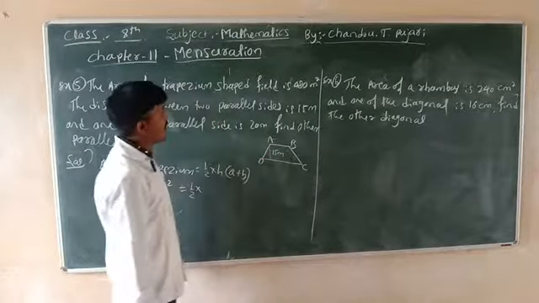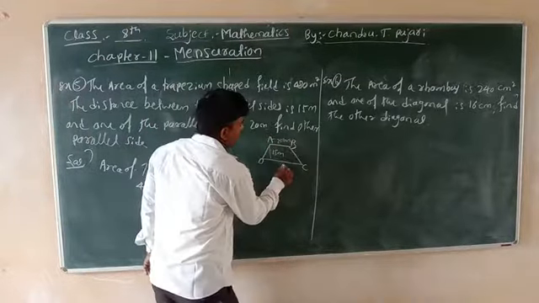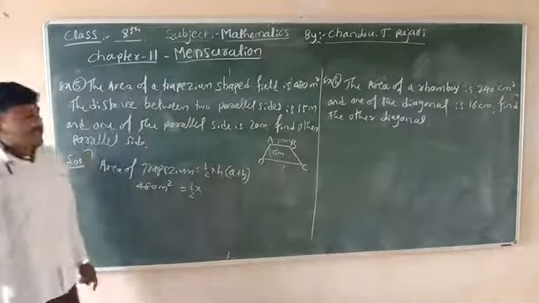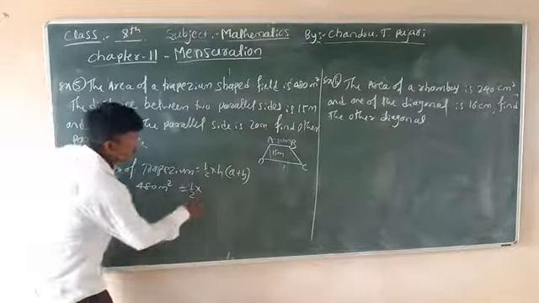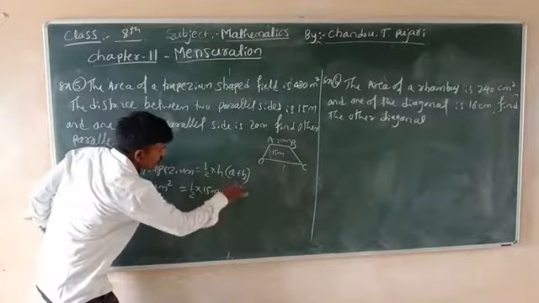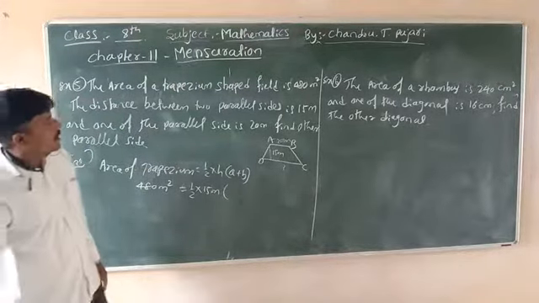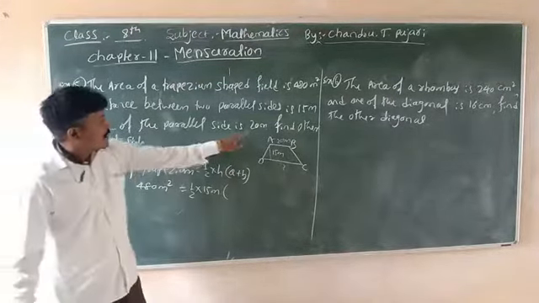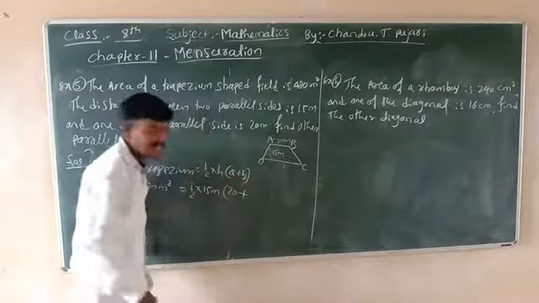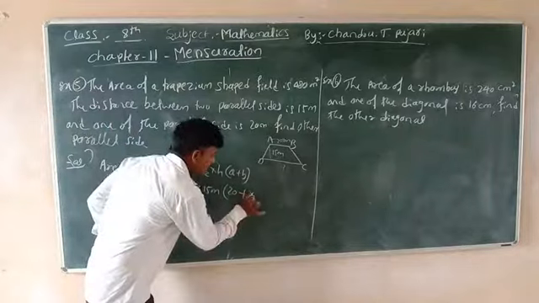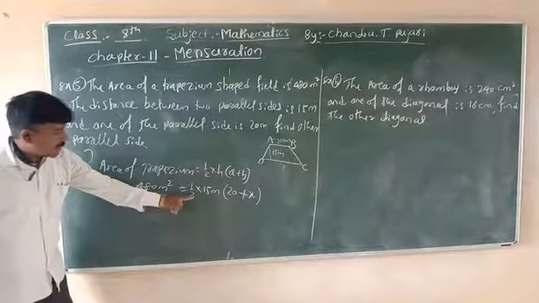A is given as 20 meter, and you can find out the DC. Therefore, h is 15 meter. Next, bracket of a plus b. a means one side is 20 meter, plus b is considered x, the unknown. Next, simplification. You can take 2 to this side.